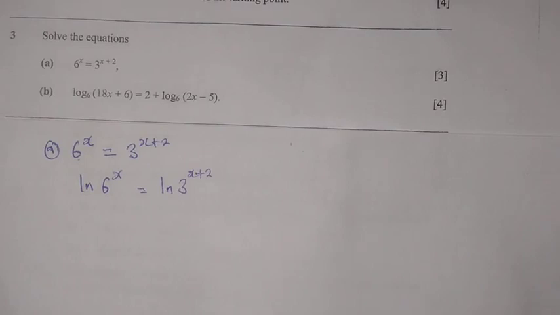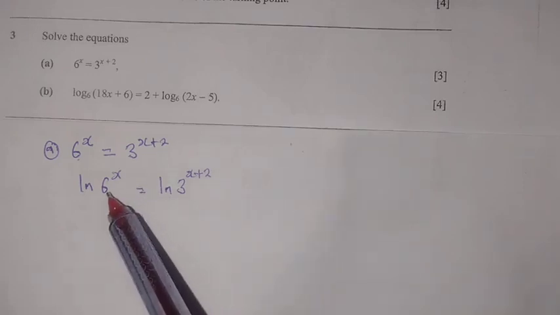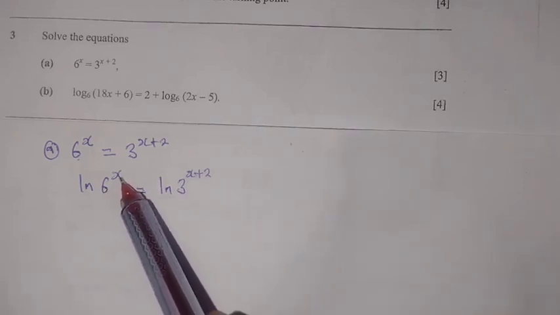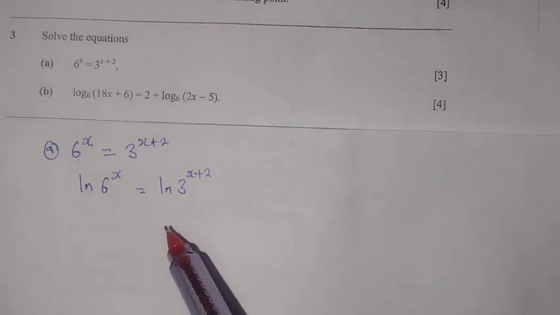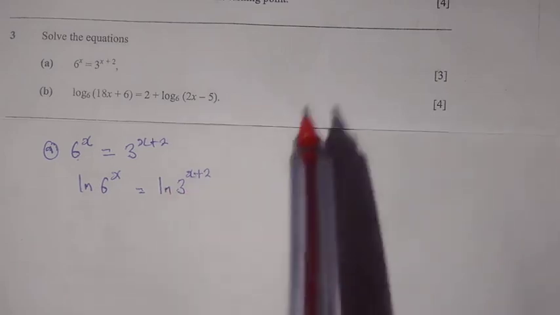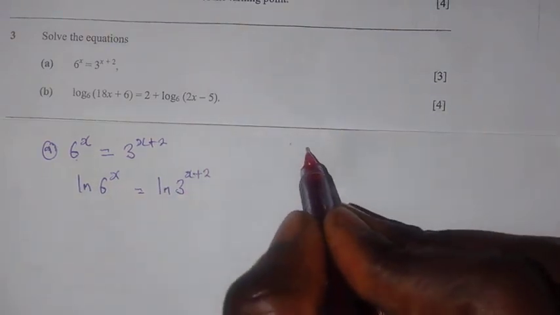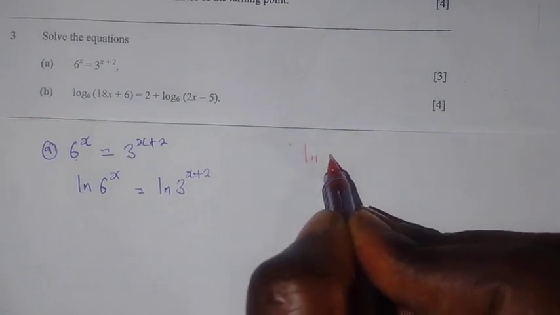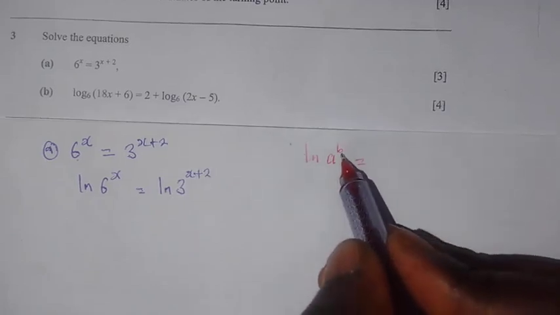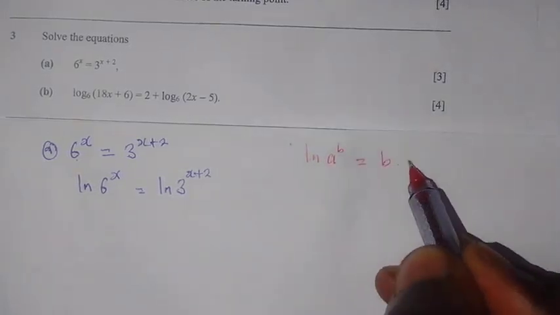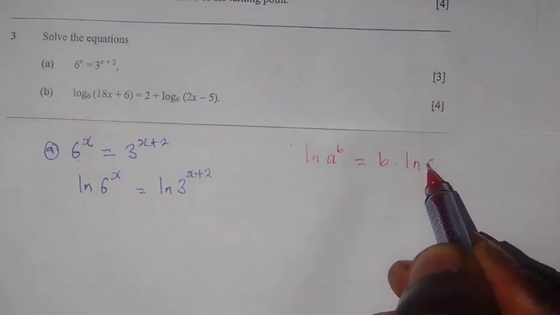Once you write this, you need to observe here. You can see that we have ln of 6 raised to the power of x, of which we can apply the power rule for logarithms. What it means is that if you have ln of a raised to the power of b, this can be written as b times ln of a.